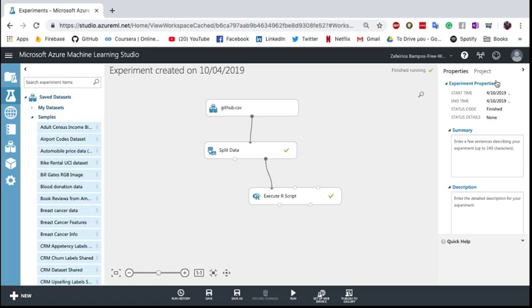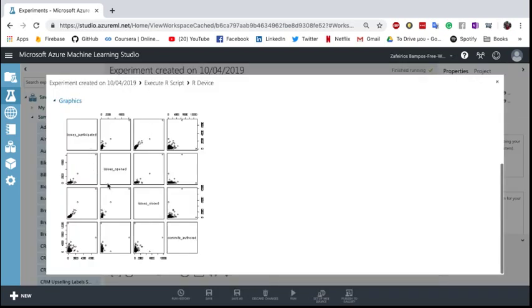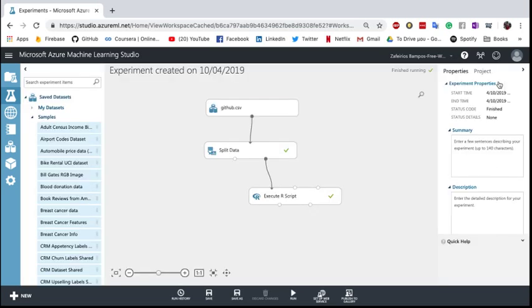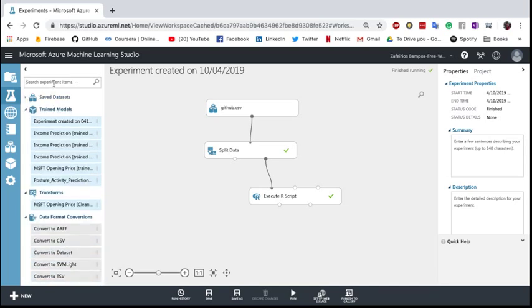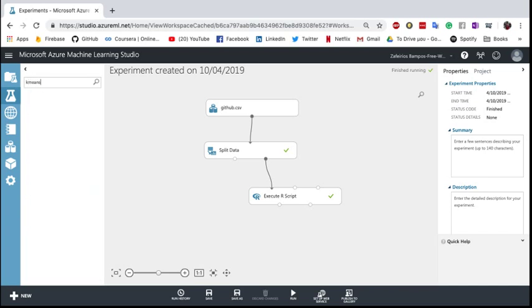And here we can see our data plotted, the second output of the R script. So exactly the same data we printed in R Studio is here as well.